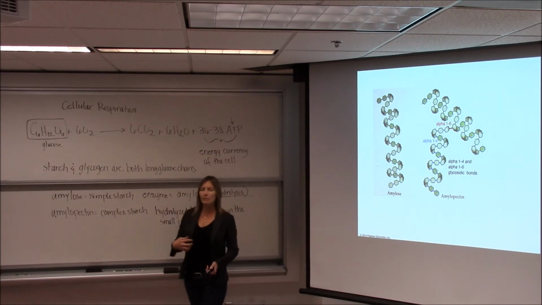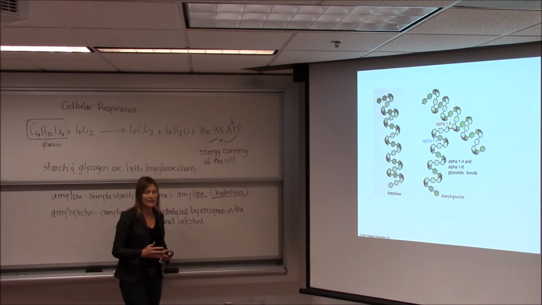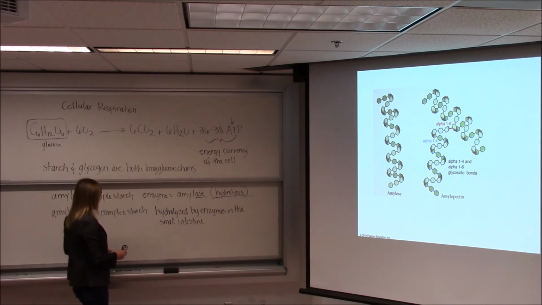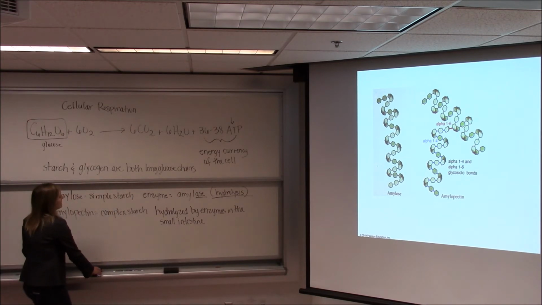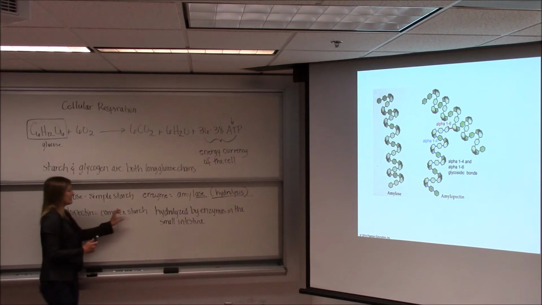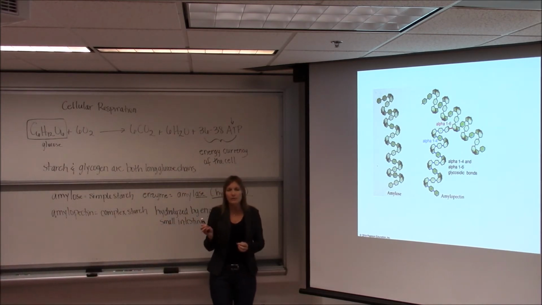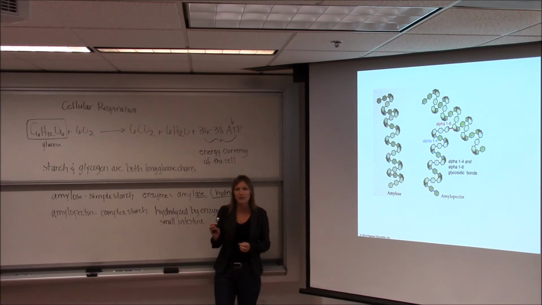Remember, we've talked about buffers and how buffers are necessary in order to have enzymes function properly. And enzymes function in a very narrow range of pH. So the stomach is going to slowly pulse this into the small intestine. So if we eat a complex starch, it's going to be digested, and that sugar is going to be released in small pulses, small little gradual amounts at a time.